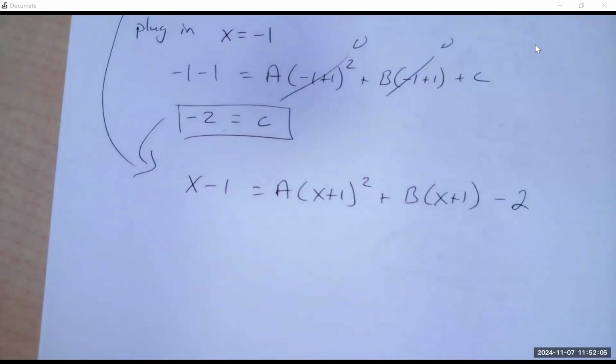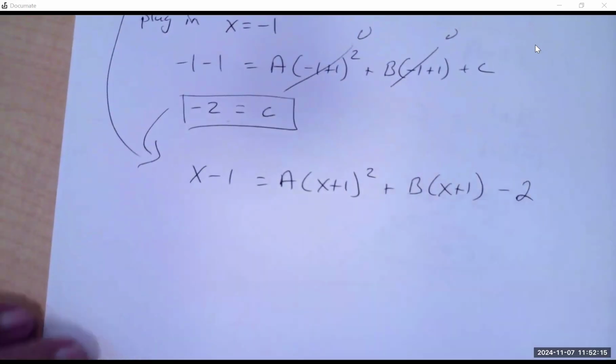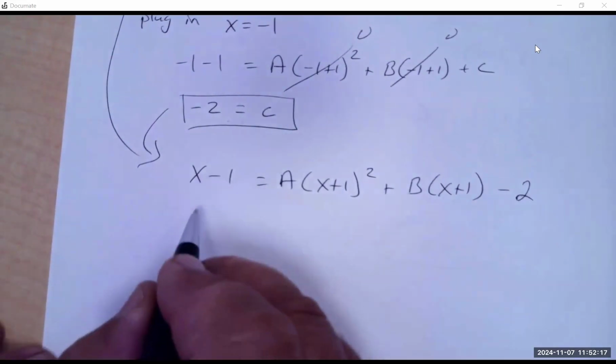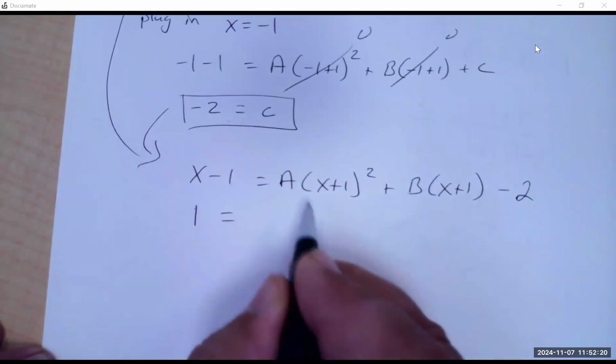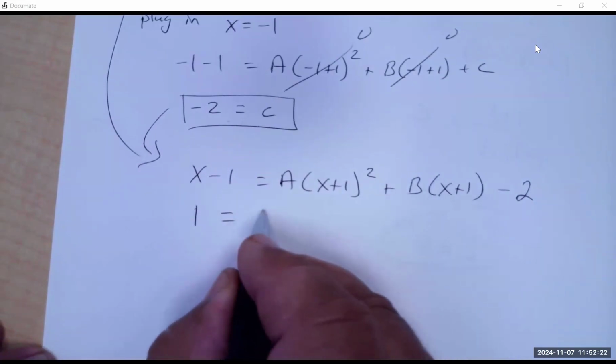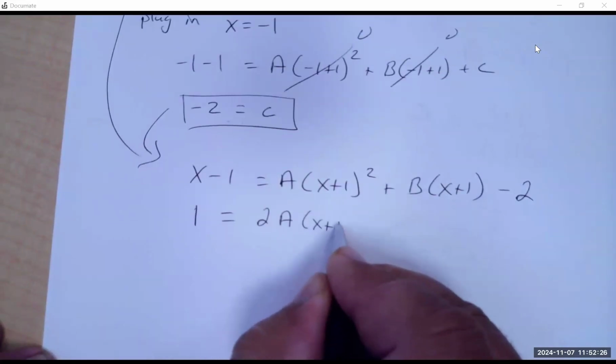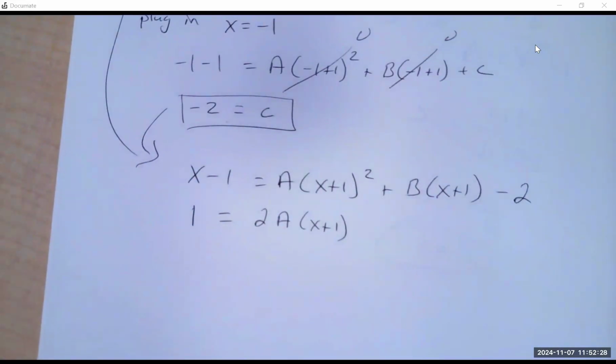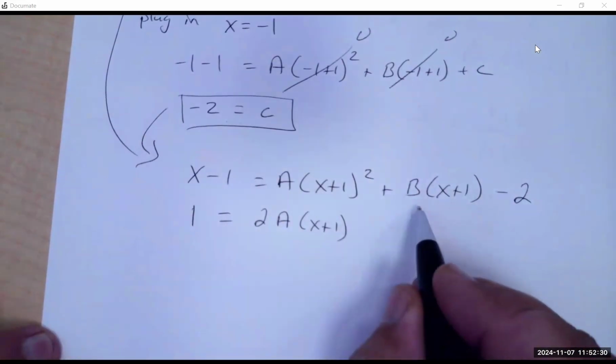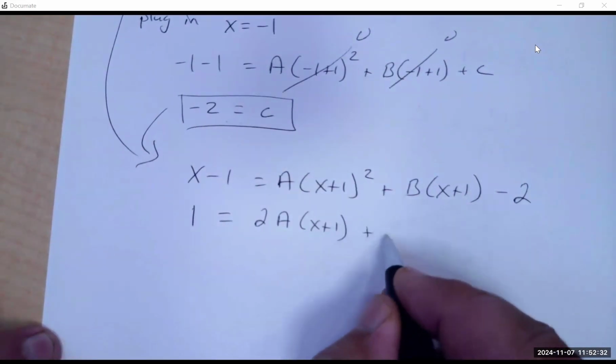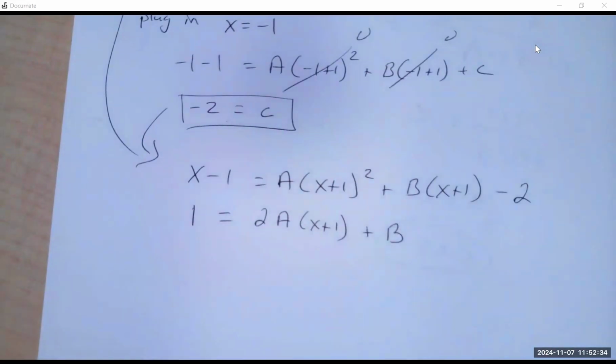Now, because we have a power in our denominators, we take a derivative. Differentiate this. It gives us what? 1 equals 2a times x plus 1 plus b.